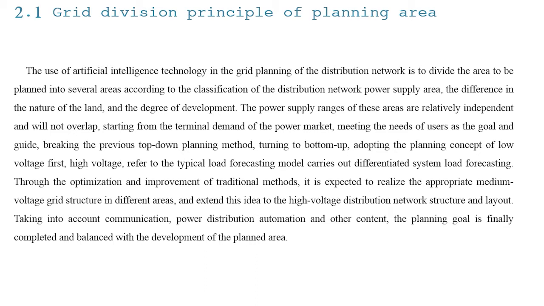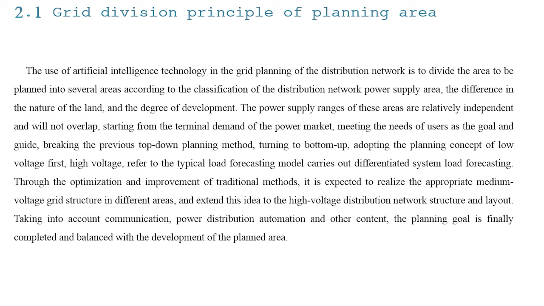The use of artificial intelligence technology in the grid planning of distribution network is to divide the area to be planned into several areas according to the classification of distribution network power supply area, the difference in the nature of the land and the degree of development.